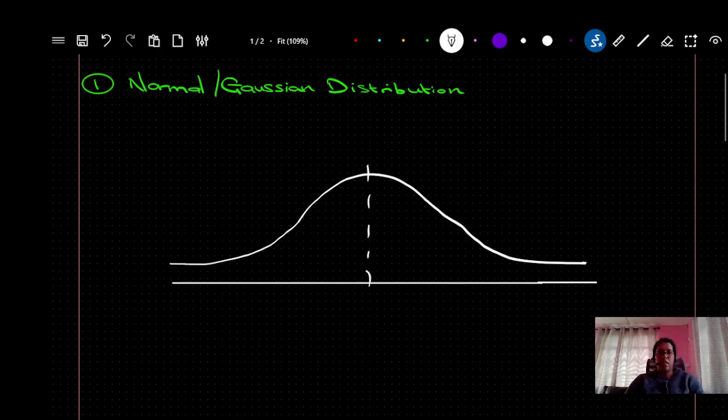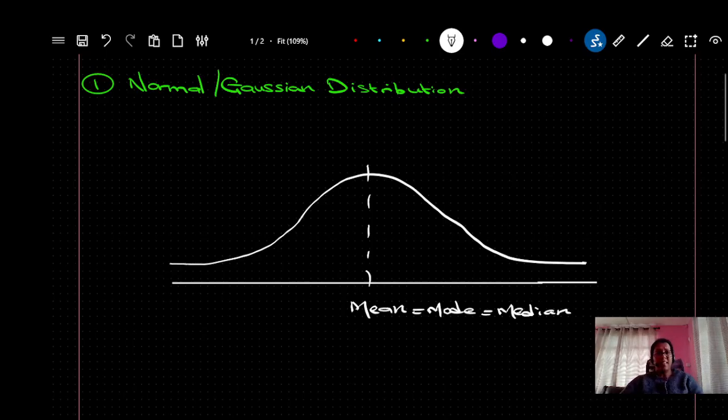We have different characteristics from it, where normally we have the mean, and in this kind of distribution the mean is equal to the mode, and the mode is equal to the median.